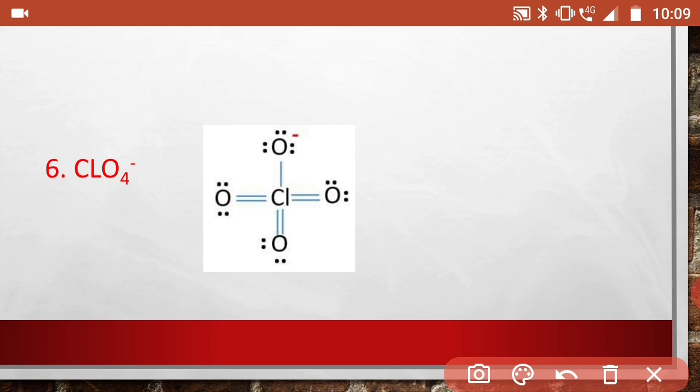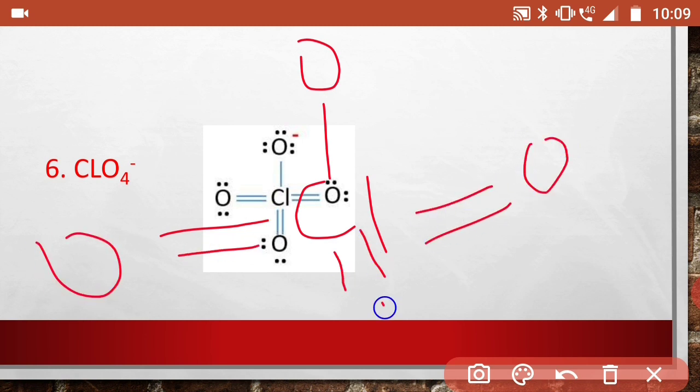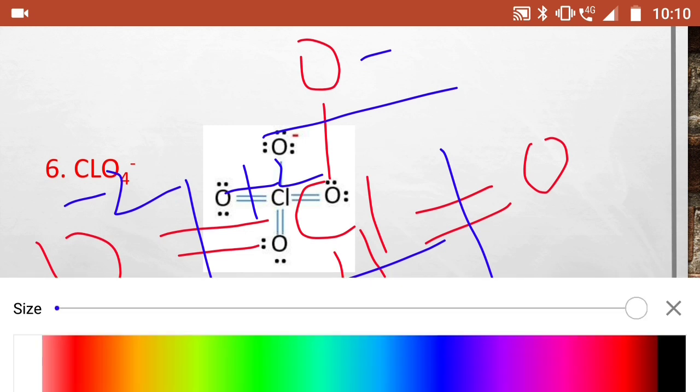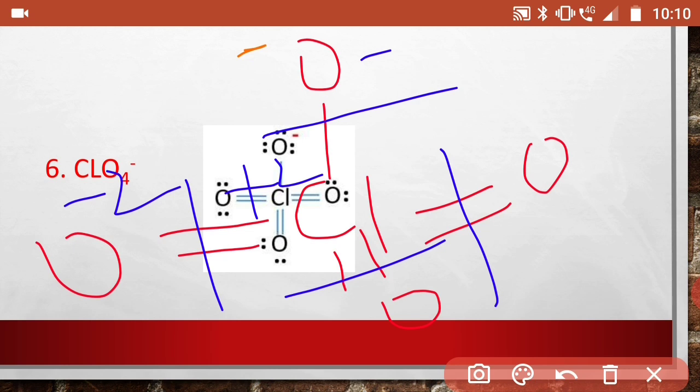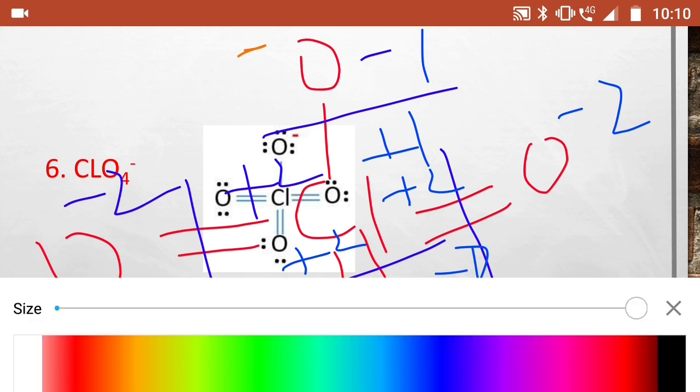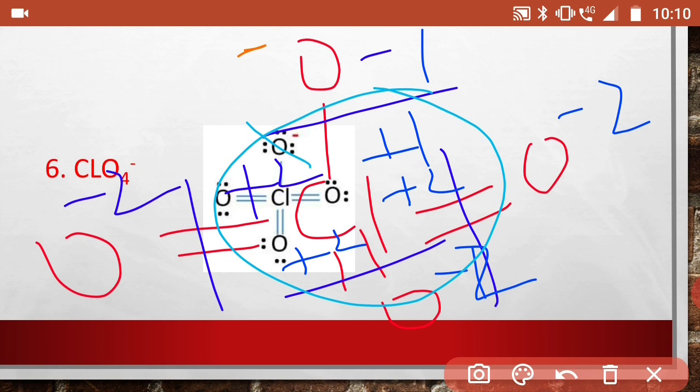In chlorate ion, same. So we see here overall chlorine gets plus 7 oxidation state and oxygen gets minus 2 oxidation state.